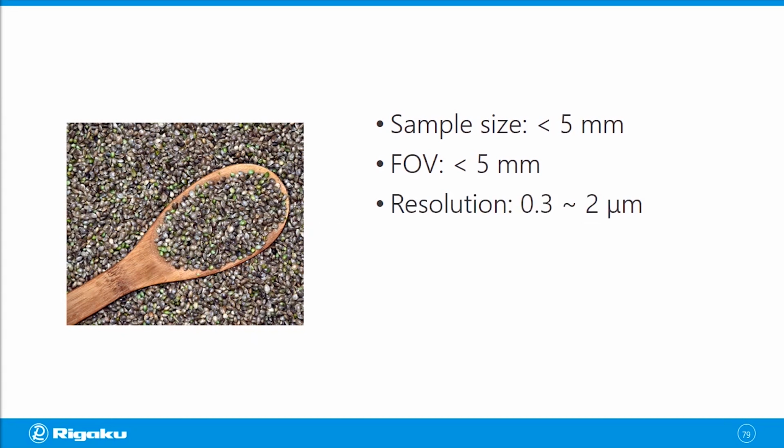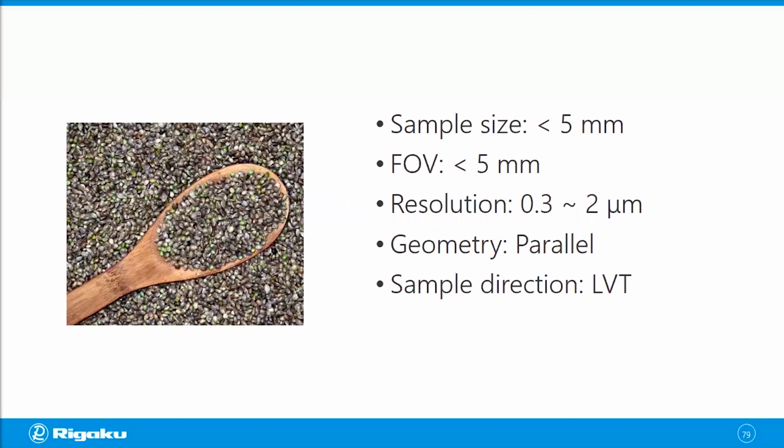And this means that the parallel beam will work the best to achieve this resolution. The strategy for the sample direction does not change. And for the X-ray energy, now we're talking about only a couple of millimeters in size organic material. So you want to go lower to 5 to 8 keV energy, and that is usually characteristic radiation.